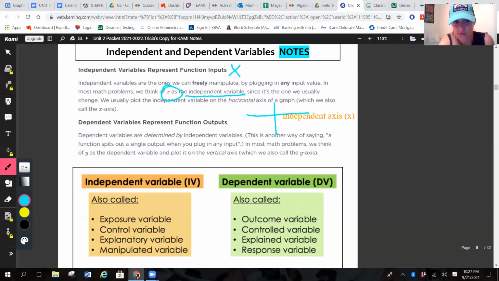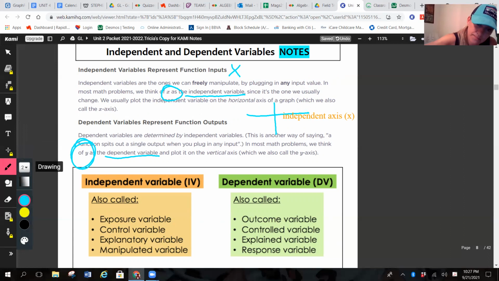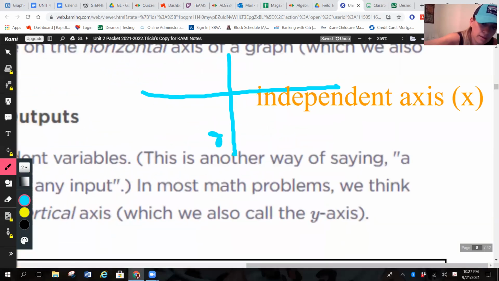In most math problems, we think of Y as the dependent variable, and we write that on the vertical axis, the Y-axis. So now I'm going to write dependent.